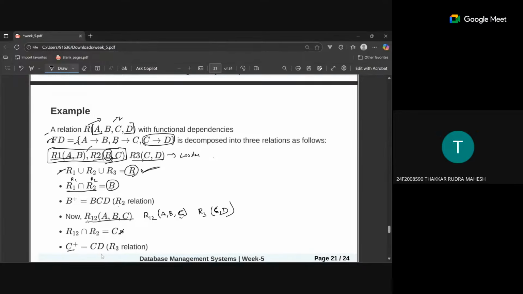Sir, we see R12 is ABC, right? And R2 is BC. Shouldn't that intersection be BC? Why is it only C? ABC and BC when they intersect, shouldn't the answer be BC? Only one common attribute is there, right?